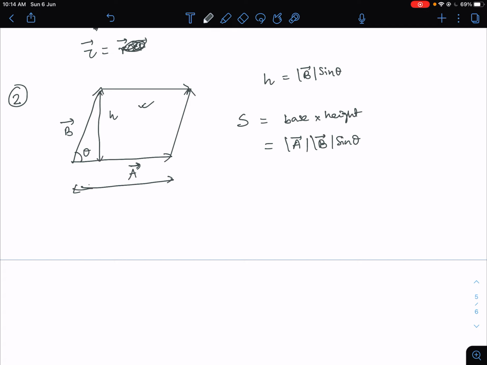If we define the direction of area to be along the cross product of A and B, here we are representing area as a vector directed along the cross product of A and B. In this case, that is outward from the plane of this paper. Then this area vector S is defined as A cross B from this relation.